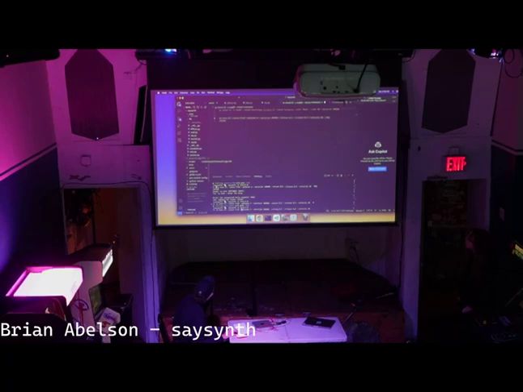Kind of makes these nice drones. Can't do arpeggios.